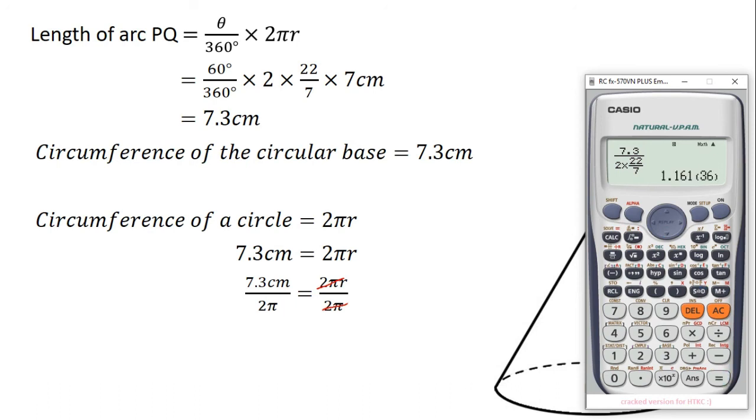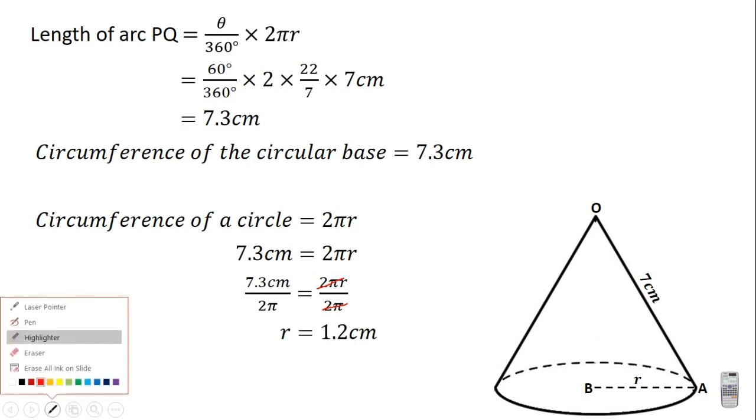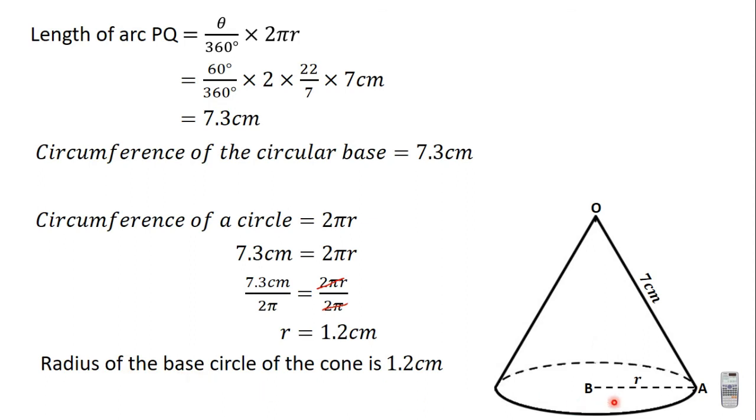And we are going to have 1.1613, and the numbers go on and on. So you correct that to 1 decimal place, and the radius of the circle is 1.2 centimeters. So we can say that the radius of the base circle of the cone is 1.2 centimeters.